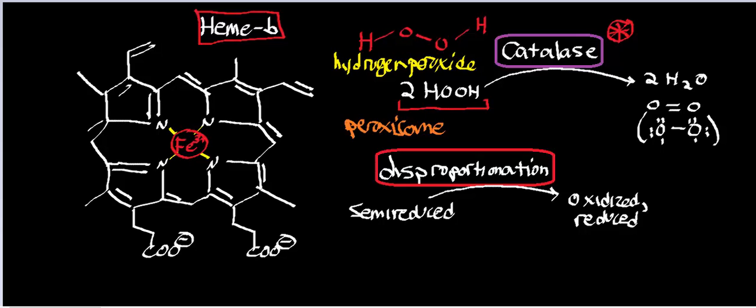One other thing that's important about this reaction is it's one of the few reactions in biochemistry that's classified as a disproportionation. So disproportionations are often things that you have in the inorganic chemistry perspective, and in this case, this is an inorganic reaction.